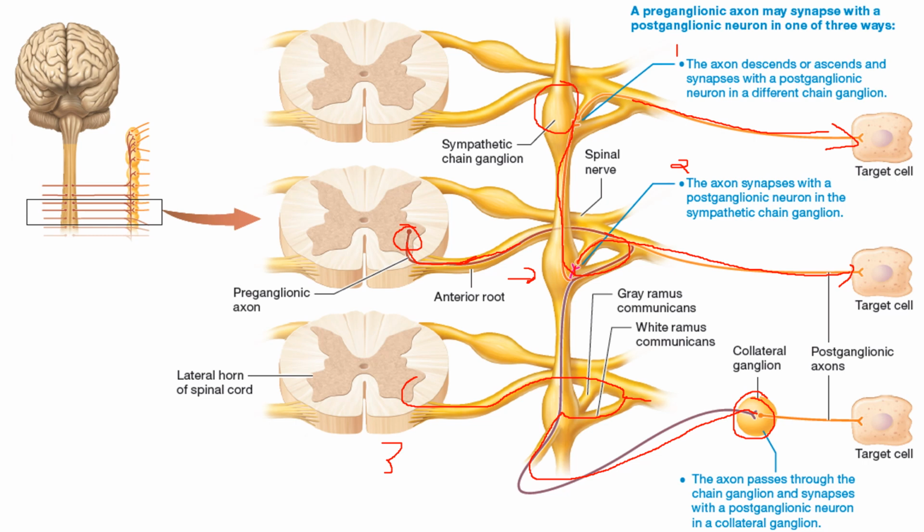And this is going to be the only time you find postganglionic axons with short axons. So yeah, you see the axon passes through the ganglion and synapses with the postganglionic neuron in what is called a collateral ganglion.